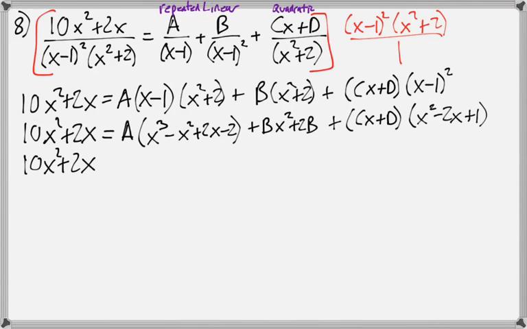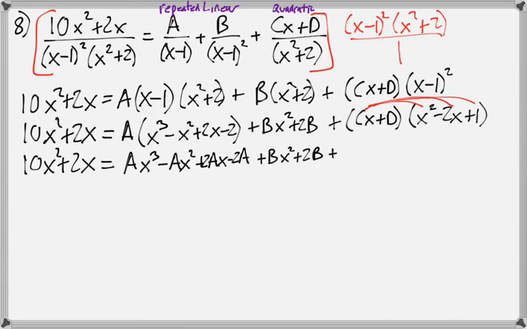Okay, so we're doing good. There's going to be a lot of different terms on this one. Okay, so when you multiply a binomial times a trinomial, there's 6 different multiplications that you need to consider.